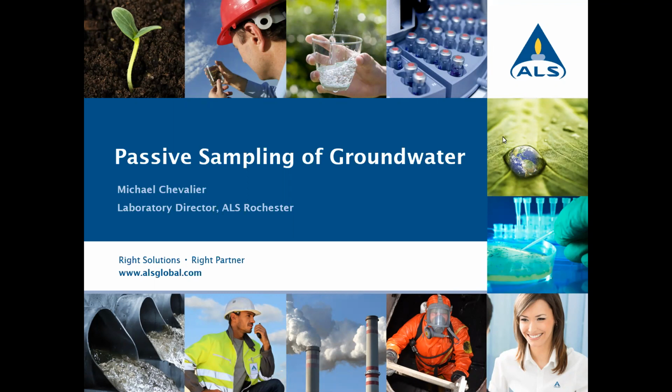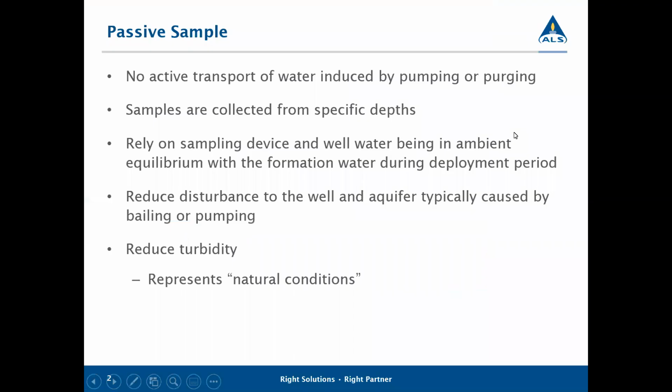So to start off, passive sampling. We'll talk about what a passive sample is when we're sampling groundwater passively. The ITRC, which is the Interstate Technology and Regulatory Council, defines passive groundwater sampling as the collection of a water sample from a well without the use of purging by a pump or retrieval by a bailer.